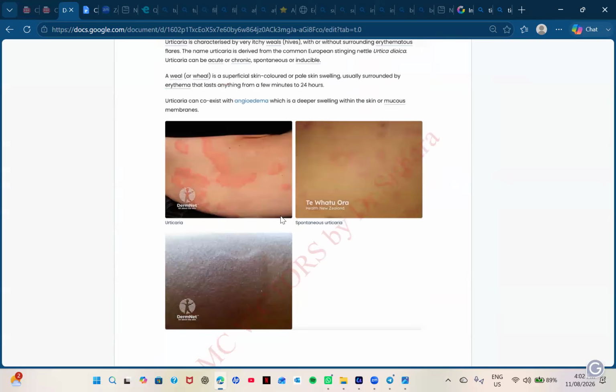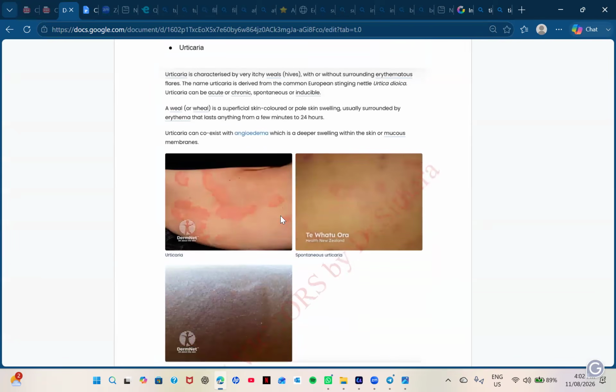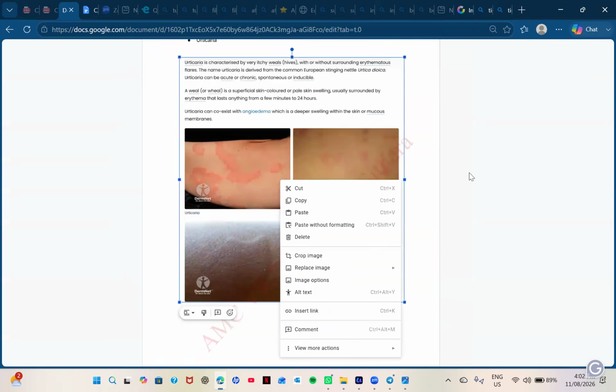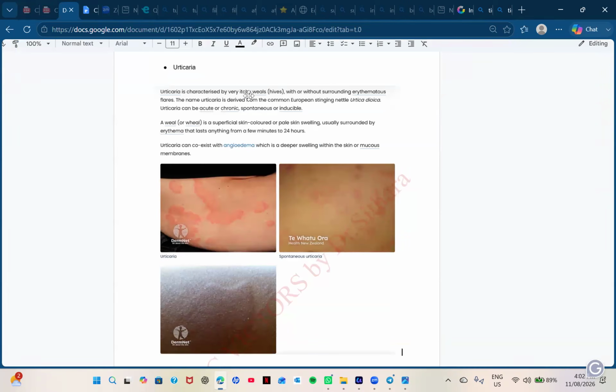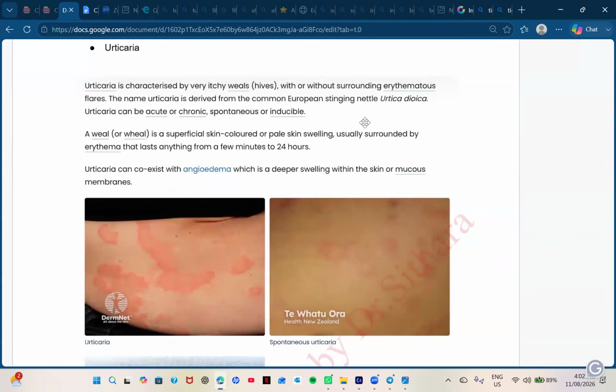So urticaria, we call it hives: itchy wheals or hives with or without surrounding erythema flares. The name urticaria derives from the common European stinging nettle, Urtica dioica.